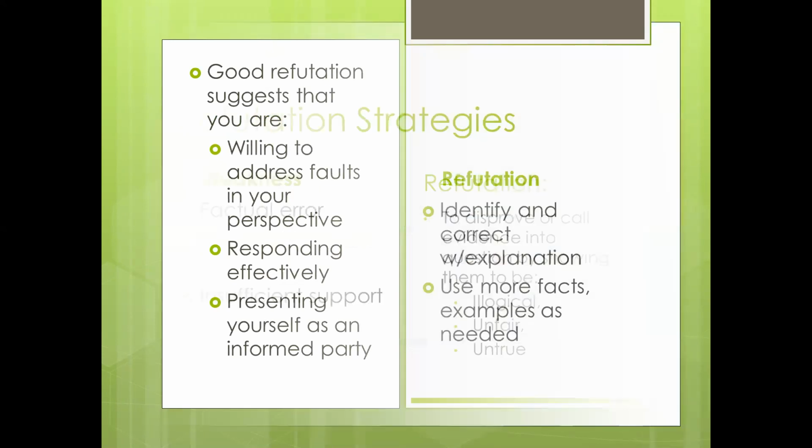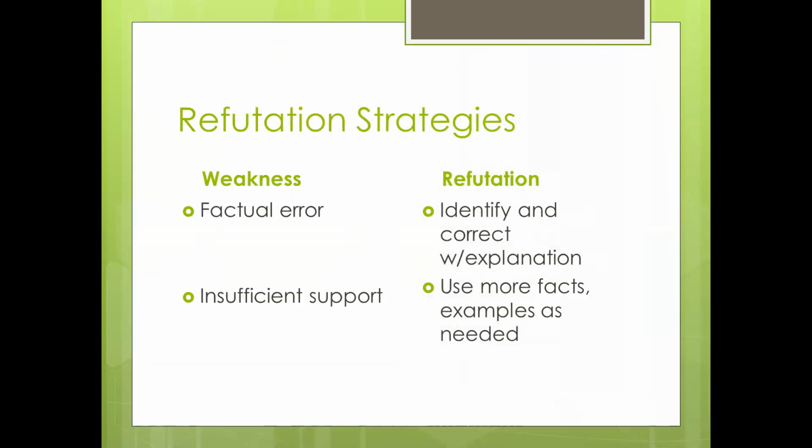There are several refutation strategies that this chapter covers, so I'm going to briefly go through them. If you find a factual error in the research that you're using for support, identify that error and correct it with better information and explain that information.